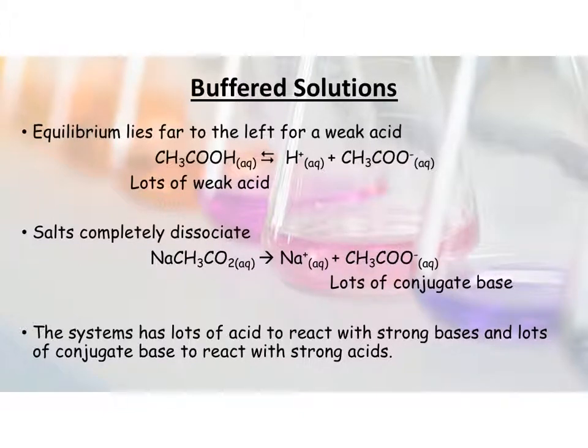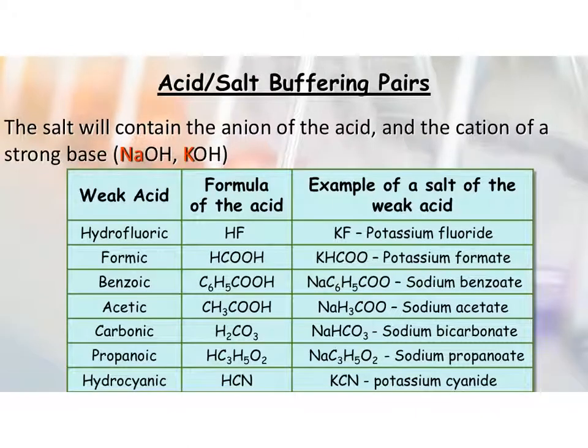All right, so again, another way to look at it. So for a weak acid, we've got lots of undissociated acid. And our salt, we've got lots of conjugate base. So we have plenty of acid to react with the bases and plenty of bases to react with any acids we add. So basically what you need for a buffer is you need an acid-salt pair.